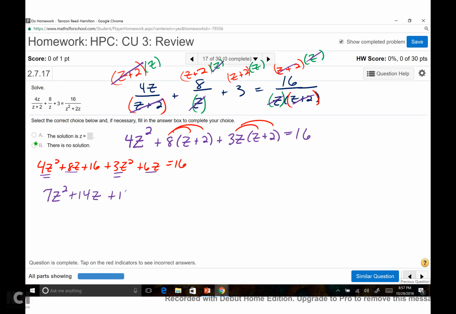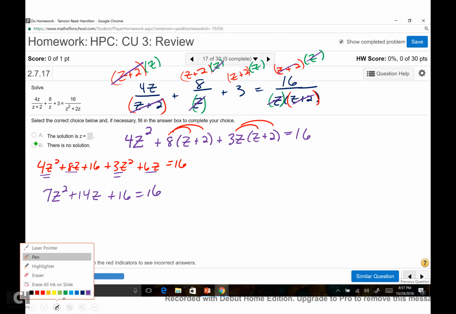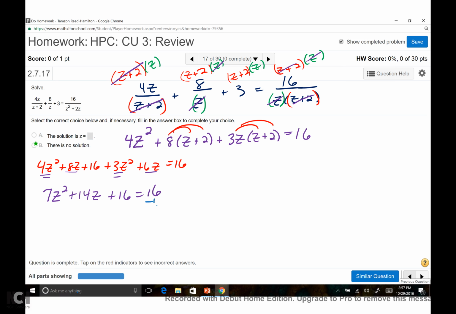And plus 16 equals 16. So now I'm going to get 0 on one side, minus 16, and it cancels on both sides. So I got 7z squared plus 14z equals 0.